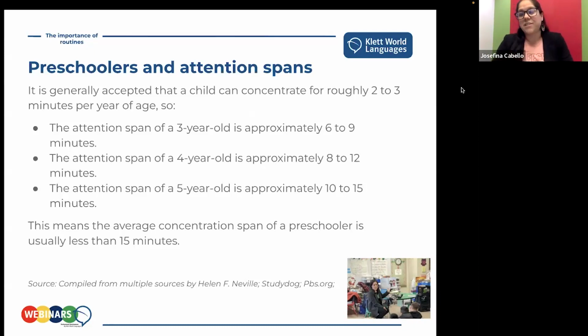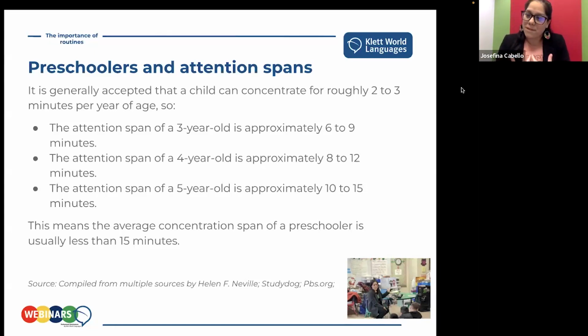It's generally accepted that a child can concentrate or maintain their focus for 2 to 3 minutes per year of age. For example, the attention span of a 3-year-old is approximately 6 to 9 minutes. For a 4-year-old, it's approximately 8 to 12 minutes. And for a 5-year-old, it's approximately 10 to 15 minutes. So on average, the attention span of a preschooler is less than 15 minutes.